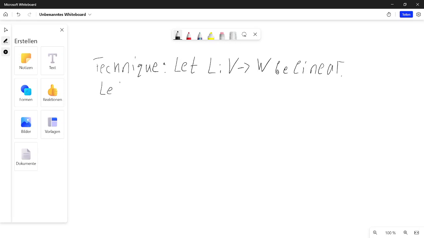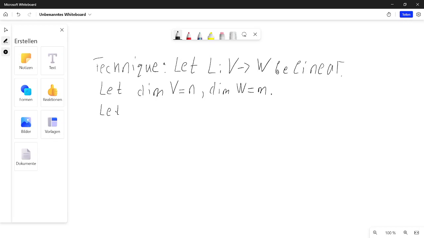Let dimension V equal n, dimension W equal m. So finite dimensional spaces, right?